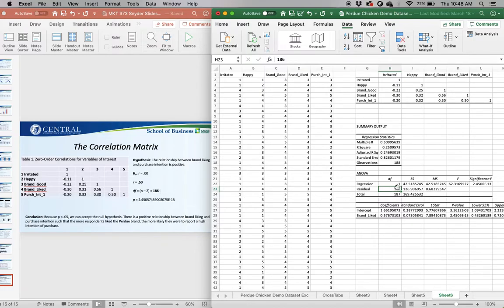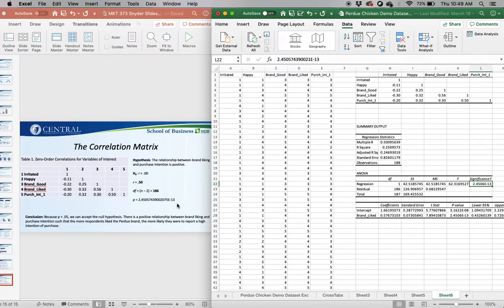Now the number that we really need, right, is our p-value. And the p-value that we're looking for is right here. The p-value for our correlation is 2.4506 times 10 to the negative 13th power. That is an extremely small number, practically zero, which means that yes, our p-value for our correlation is less than 0.05.